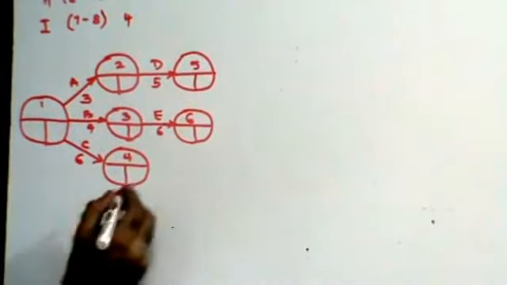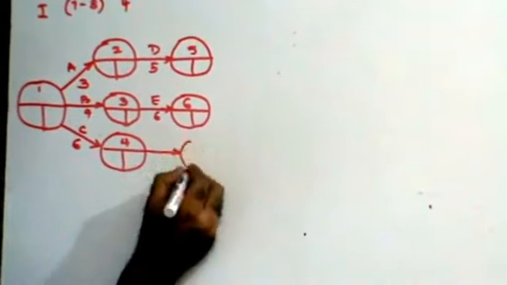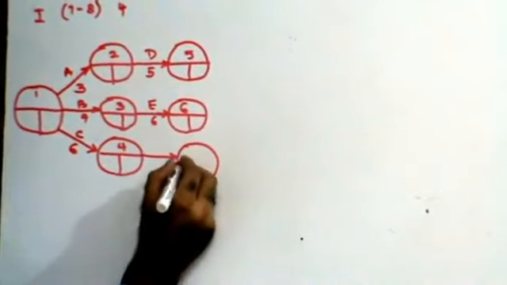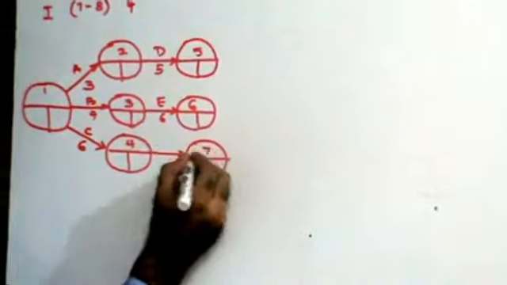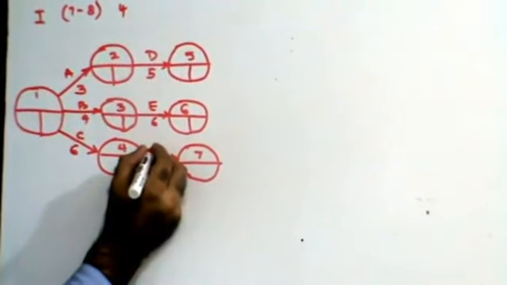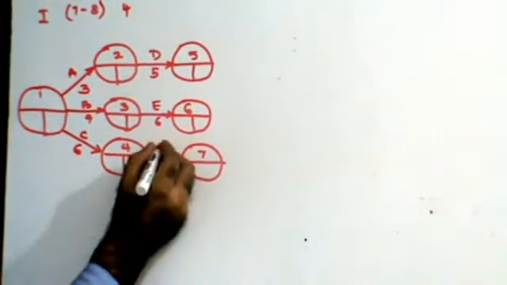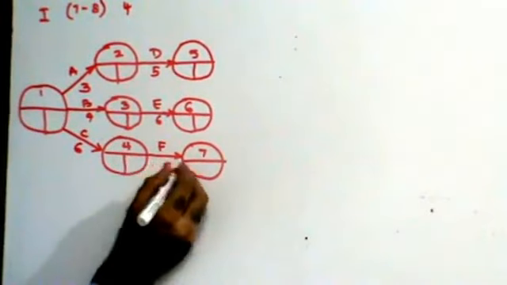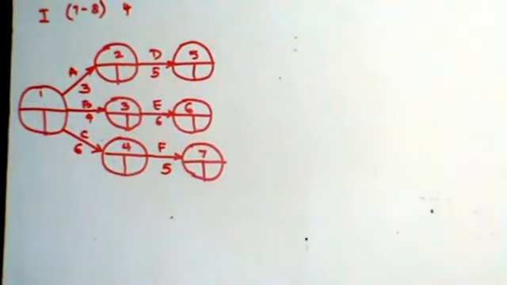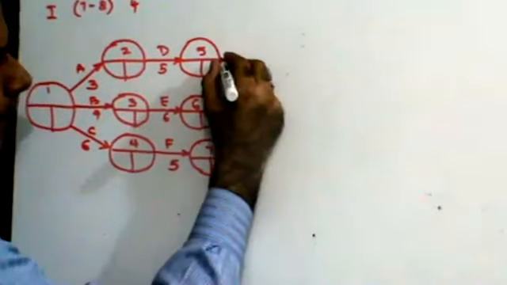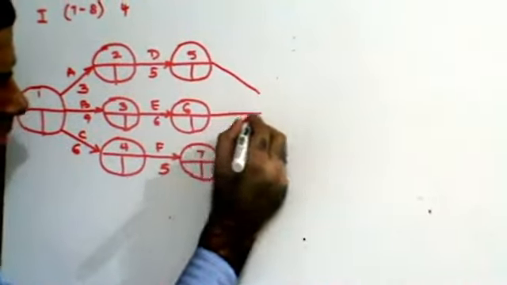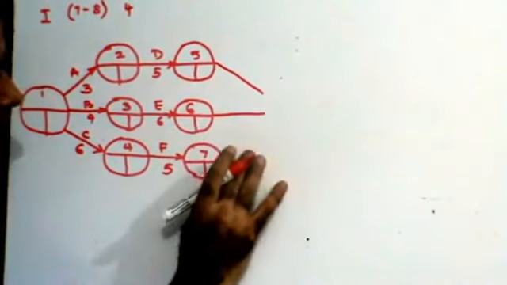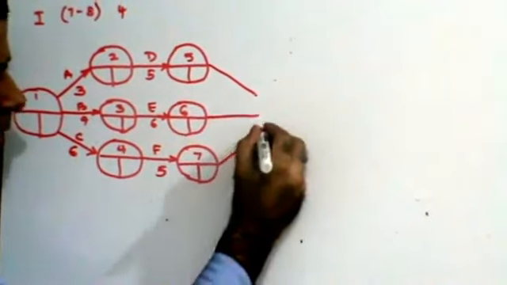And then 4 goes to 7. This is activity F, which is 5 days. Right? Now, 5, 6, 7, all 3 go to 8.